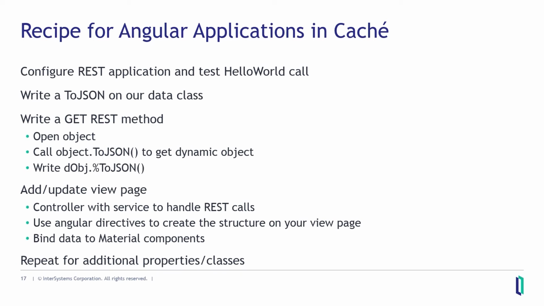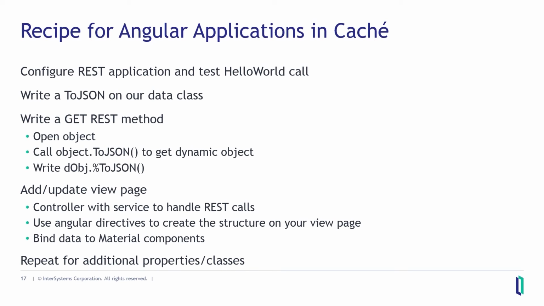We're going to add or update our view page. And so we have a controller with a service that makes that REST call. So we're going to have $http.get with our get URL. And then we're going to have some view form that binds the data we care about to the different fields there using ng-model or ng-repeat, things like that, to create our structure.